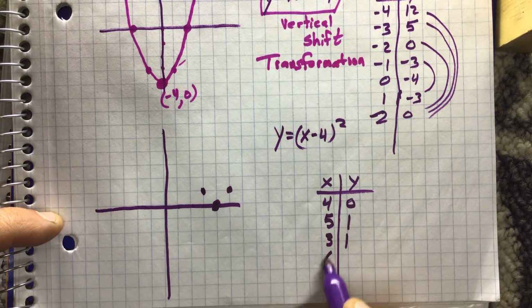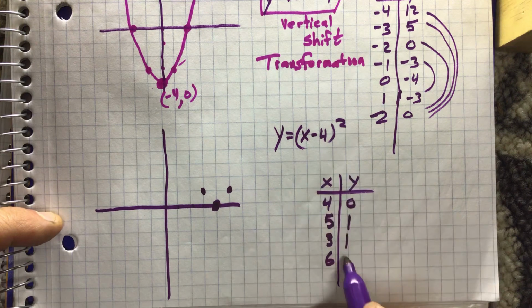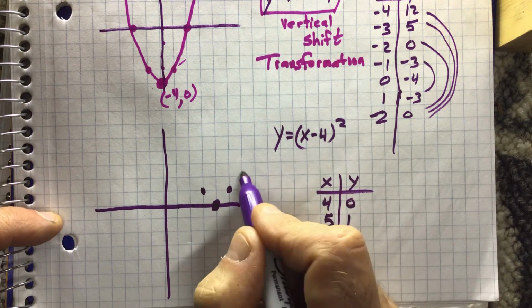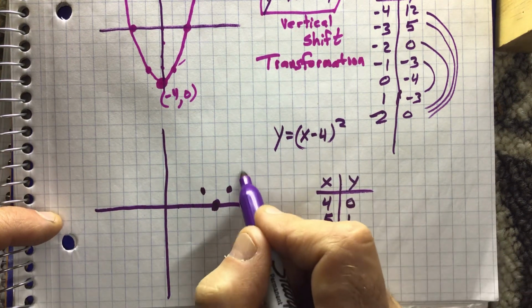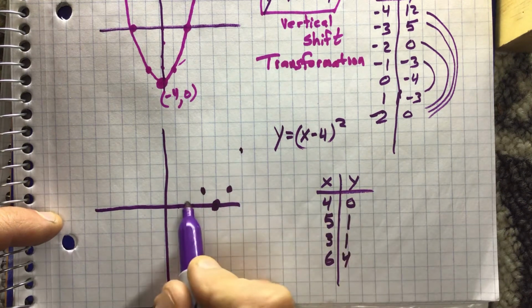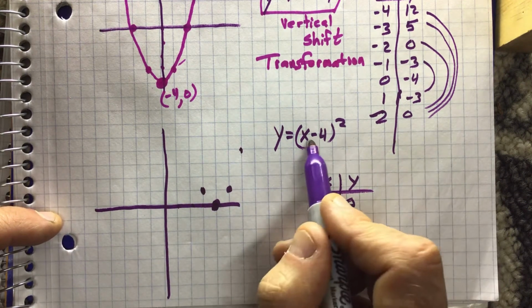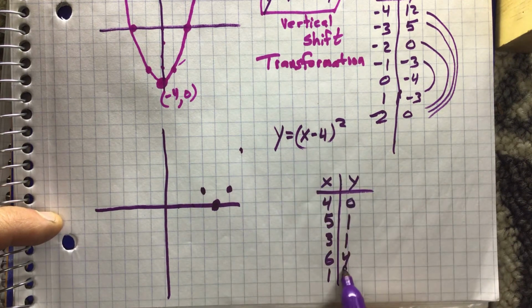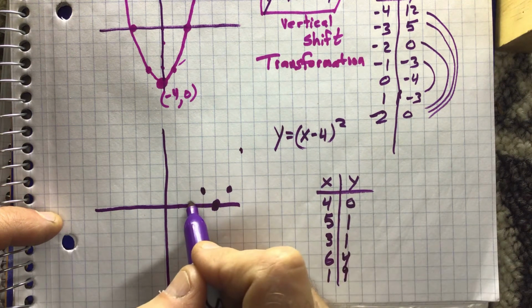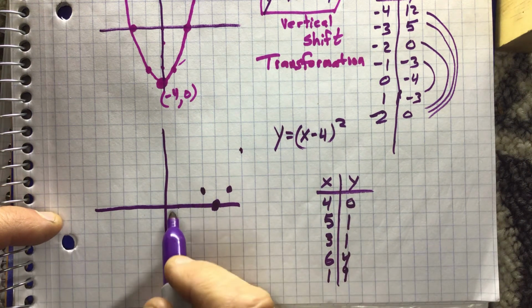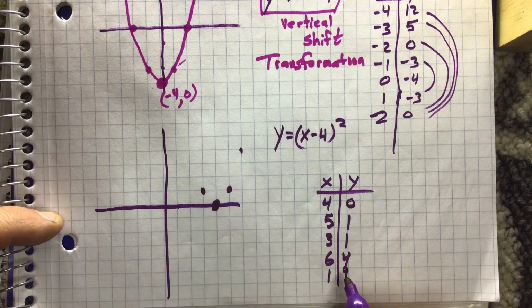If I plug in 6 over here, 6 minus 4 is 2, 2 squared is 4. So I get 6, 4. If I plug in 1, 1 minus 4 is negative 3 squared is 9. Oops, I missed something.